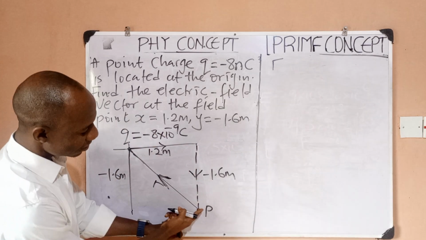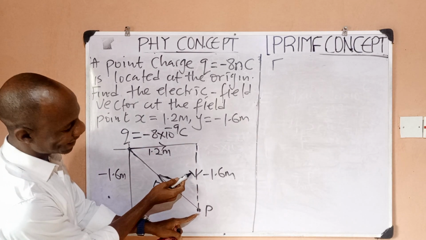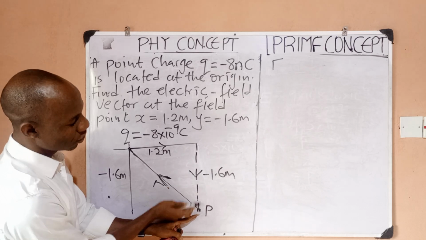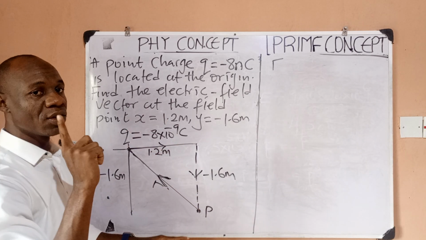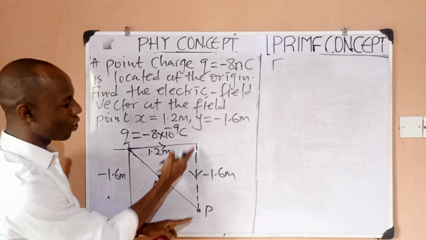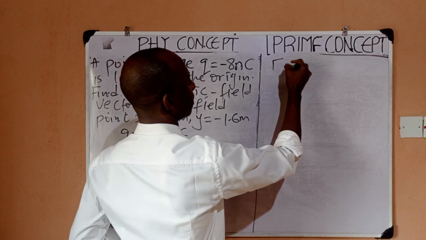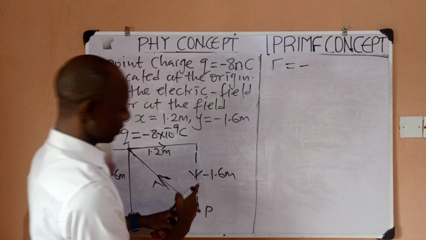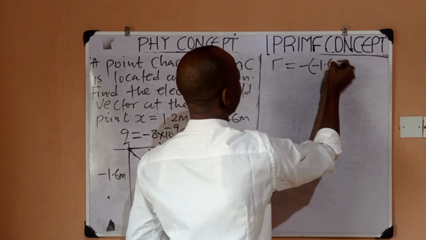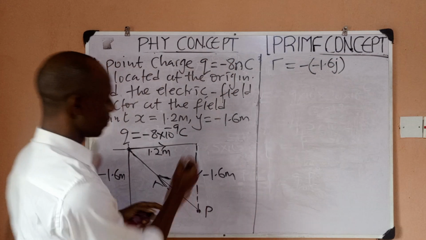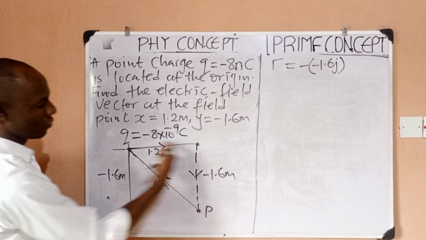Now watch. If you move up, you are moving against this arrow, so it's going to be negative. Now remember, the y-axis you denote with J. So if I move up, it's going to be negative. Now remember, this is already carrying negative, so negative of negative 1.6 J. Then when you get to this point, you move like this again.